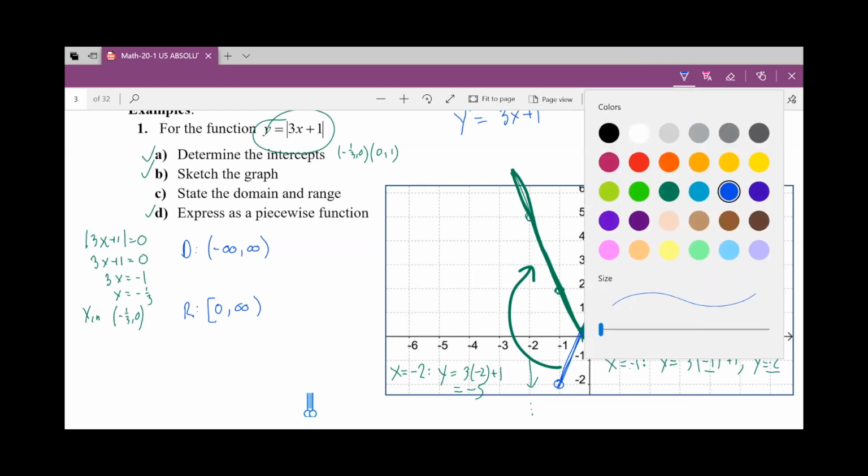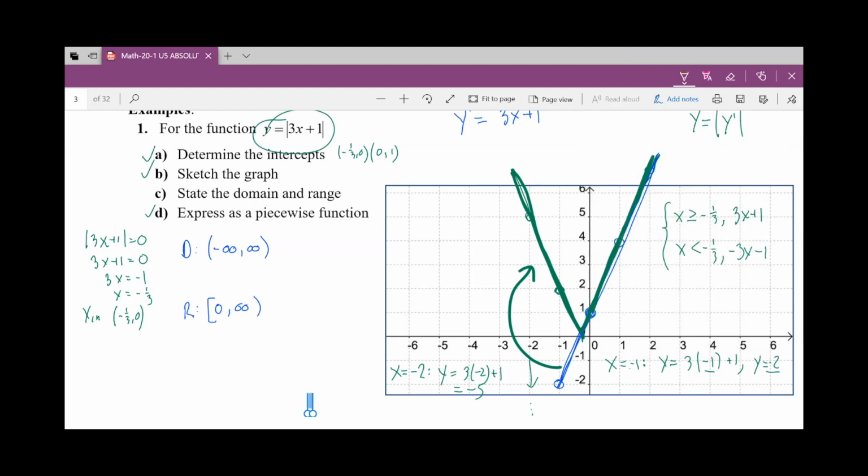And let's just change a color here. The domain then would be the set of x values such that x is a member of all the reals. So there's no restriction on x. X can be any value within the real number family. Range will be all of the y values such that y is always greater than or equal to 0, because y could be equal to 0.